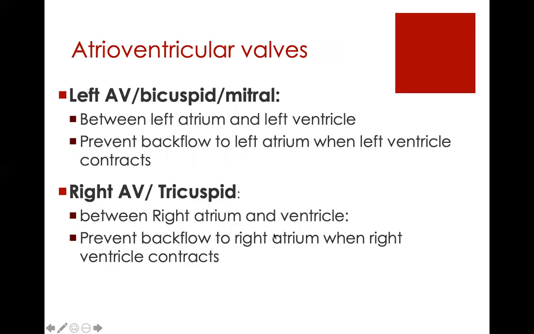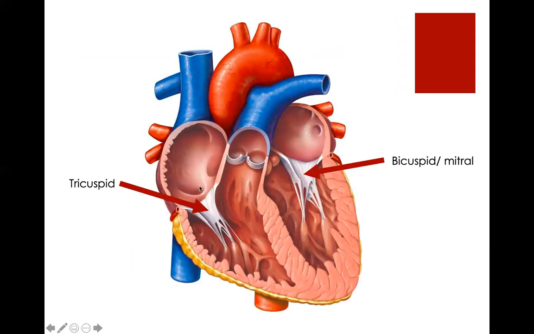If you imagine your heart, and I'm going to show you this on a picture, if this is your right atrium and this is your right ventricle, blood moves from the right atrium down to the ventricle. So when this ventricle is squeezing or contracting, blood has 2 pathways to take. One pathway is to move back to where it came from, the right atrium, or blood can move from the ventricle up through the pulmonary trunk and away from the heart.